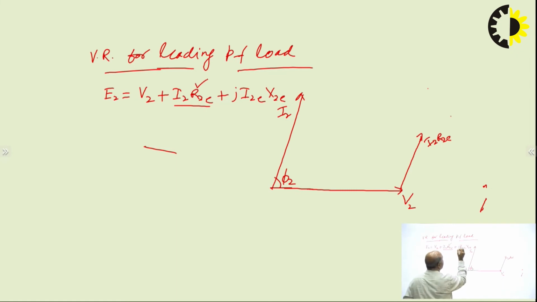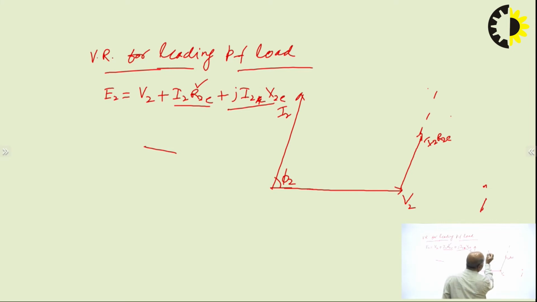Now we have to add I2 X2E. The I2 X2E phasor is j I2 X2E. j I2 X2E will be 90 degrees anti-clockwise from the direction of the I2 R2E phasor.